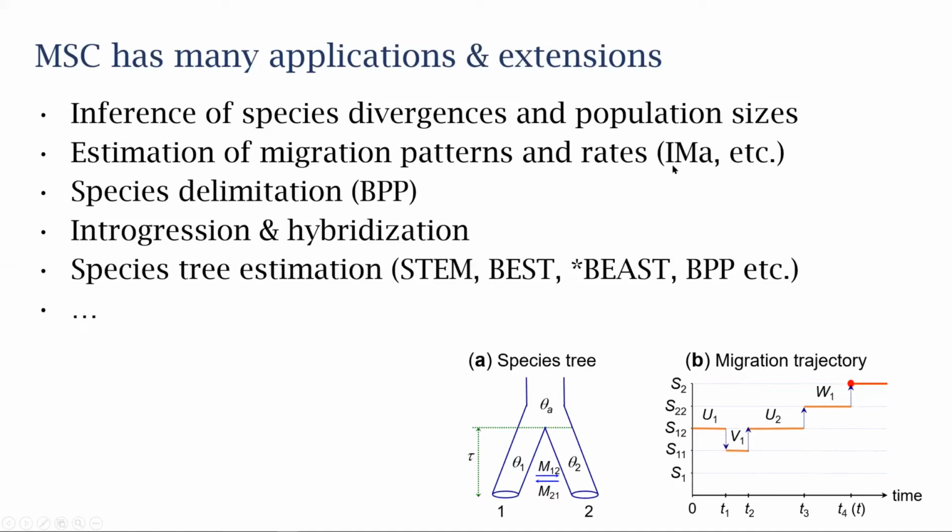So we have programs like BPP, and you can also infer species boundaries or do so-called species delimitation. This is a controversial area that I won't discuss today. So today I'm mostly focusing on the species tree estimation.